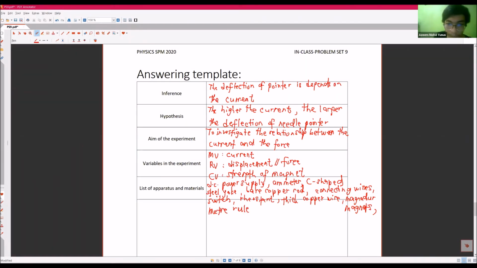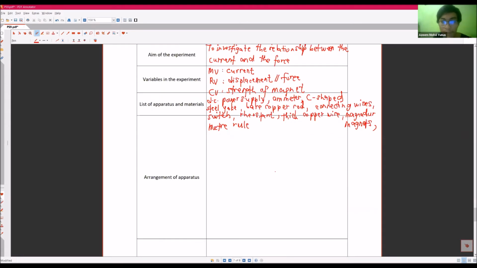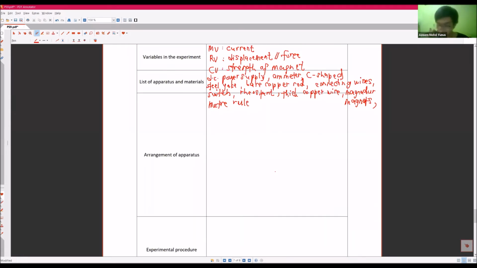So the arrangement of apparatus is quite complicated, but actually you can still manage to draw. First, we have the C-shape steel here, and then the north and south poles. Make sure that you draw it properly using a ruler. Here I draw it freehand, so it looks like a terrible drawing, but you have to draw it using a ruler.